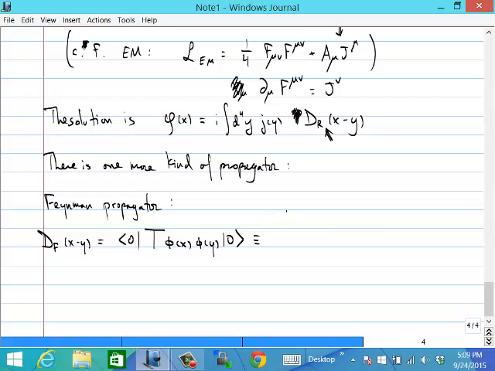So what does that mean? Well, the time-ordered product is very simple. It just means the expectation value of phi x, phi y if x0 is greater than y0, and the product phi y, phi x if x0 is less than y0.